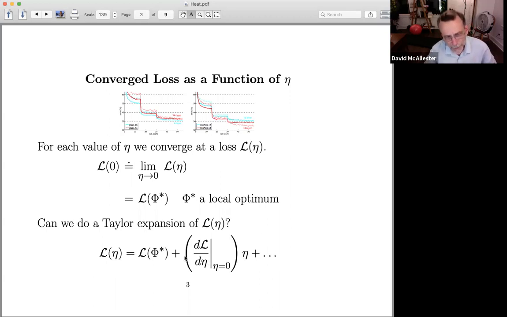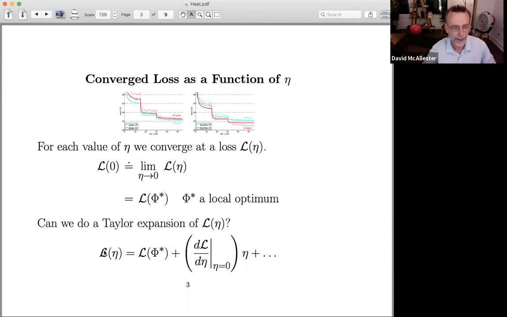But I'm just going to focus on the first order Taylor term. What's this first order dependence on the learning rate? It is the derivative of the loss as a function of the learning rate at learning rate equals 0.